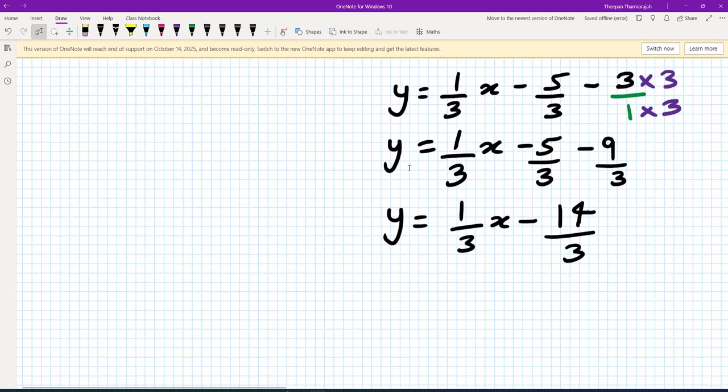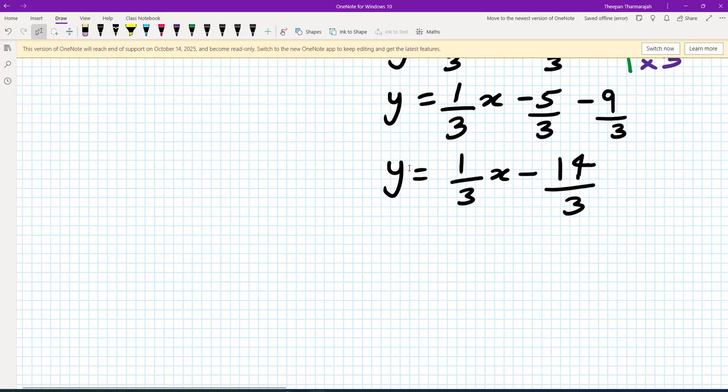We now have the equation for L3, so I'm going to write out the equation of the circle. It's (x − 5)², and now I'm going to write in my equation for y.